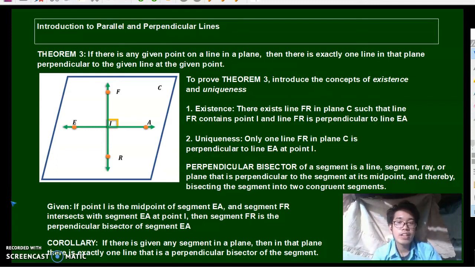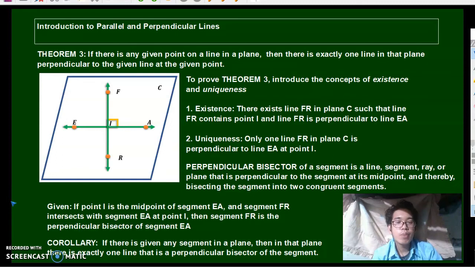And for existence, there exists line FR in plane C that contains point I and that is perpendicular to line EA. So we have there the concepts of existence and uniqueness to prove theorem number 3.